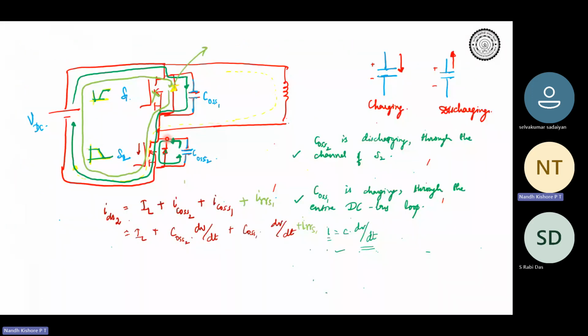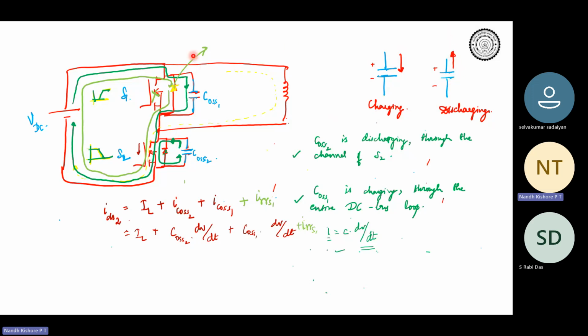One more component is this: if the voltage across the device is changing, it means that effectively the voltage across the device capacitances is changing, in our case the output capacitance of the device. We initially assumed that if it is a charging current, the current would be in this direction, and if it is discharging or taking up the charges, the current will be going out.